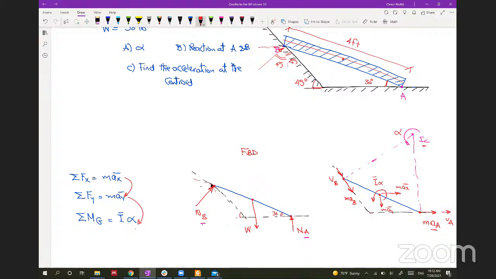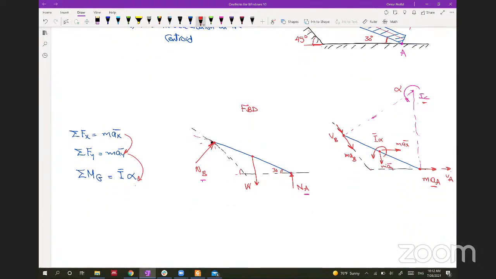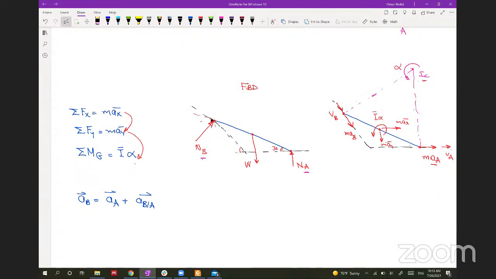Okay, so if we want to get the acceleration at point A here and relate A with B, so let's get AB equal to AA plus AB with respect to A, and all of these are vector components. So for AB, we know the direction because we know that it's going down, and we know that this angle is 45 degrees.